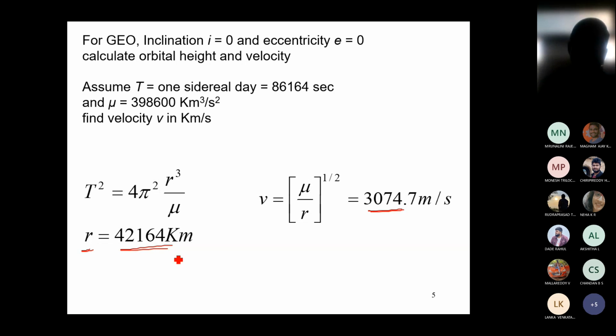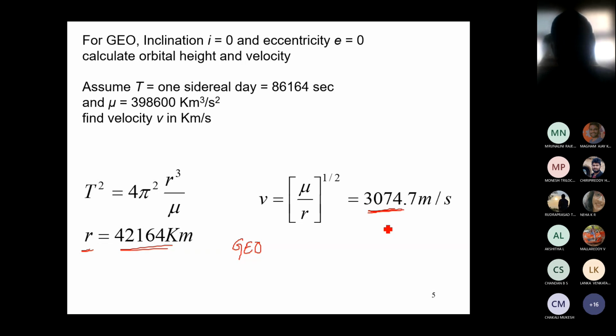That means this orbit, located at an orbital height of this value, is nothing but the GEO orbit or geostationary orbit. So at this particular orbit, every GEO satellite or every geostationary satellite is moving at a velocity of 3074.7 meter per second, or approximately 3 kilometer per second. That is the velocity at which the GEO satellites are moving around the Earth.